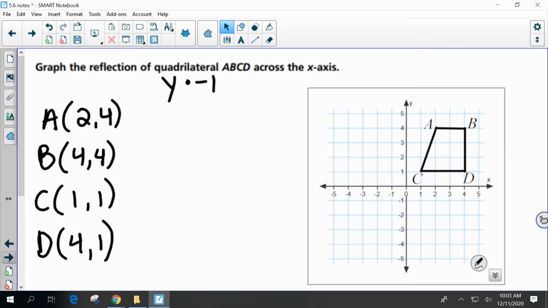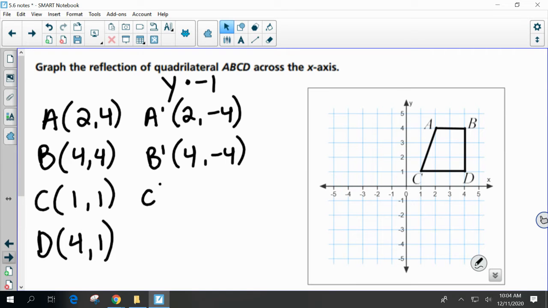So I'm going to take my Y value times -1. What does taking anything times -1 do? It puts a negative in front, or if it was a negative, it's going to make it positive. So my A prime is going to become 2, -4. B prime will be 4, -4. C prime will be 1, -1. And D prime will be 4, -1.